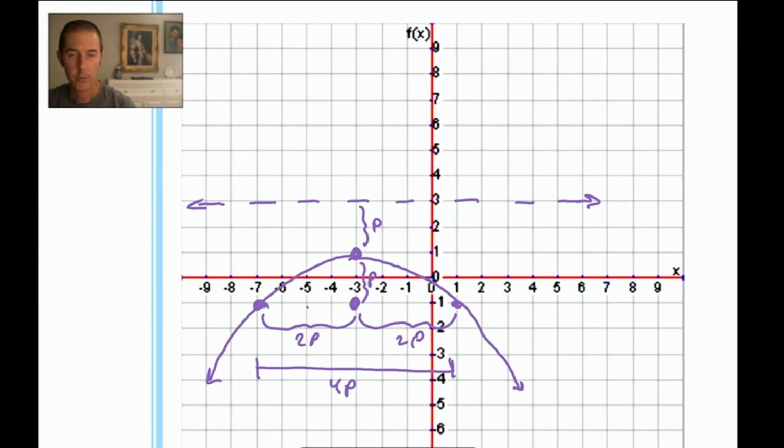So this directrix is a horizontal line, and this point, and this point, and this one all have something in common. All those points have a y value of 3. That's how I remember how to write the equation of a horizontal line. It's the collection of points, all of which have a y coordinate of 3. So we could label this as directrix.